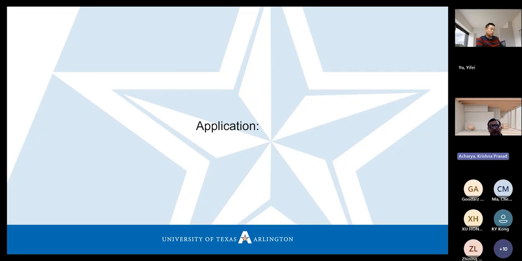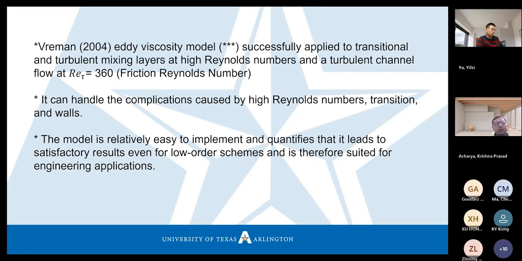Let's talk about application. The Vreman 2004 eddy viscosity model was successfully applied to transitional and turbulent mixing layers at high Reynolds numbers and a turbulent channel flow at Re tau equal to 360.